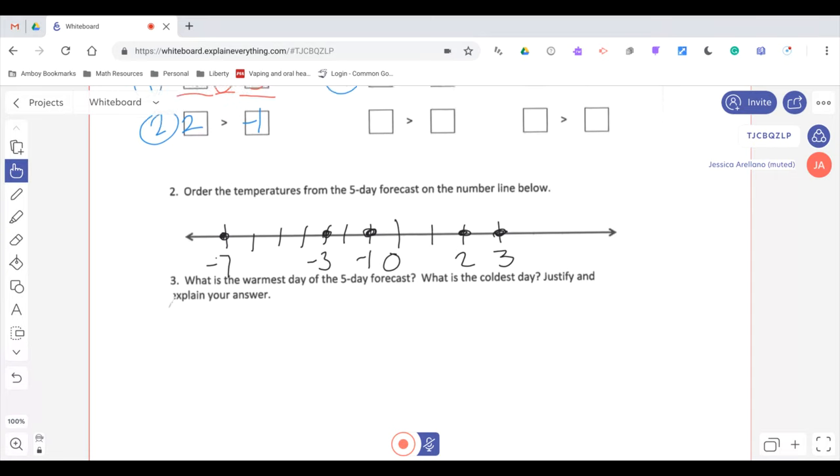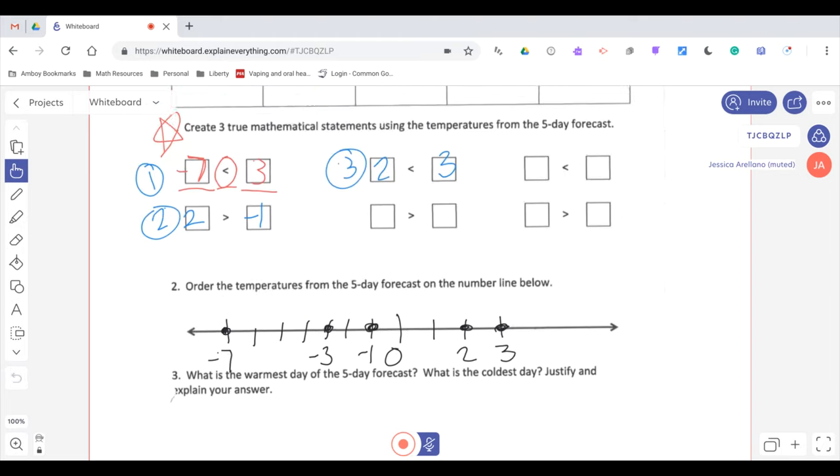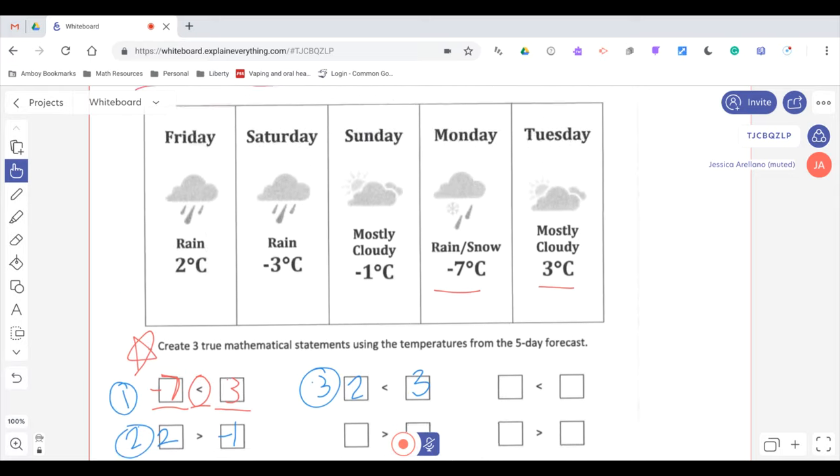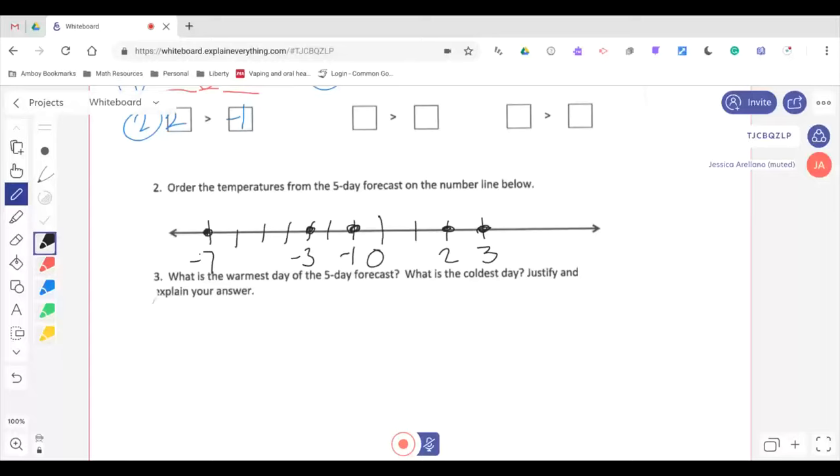And then question 3, what is the warmest day of the 5-day forecast, and what is the coldest day? So let me look back up here. My warmest temperature is 3 degrees, which happened on Tuesday. Okay, so I'm going to do warmest in red.